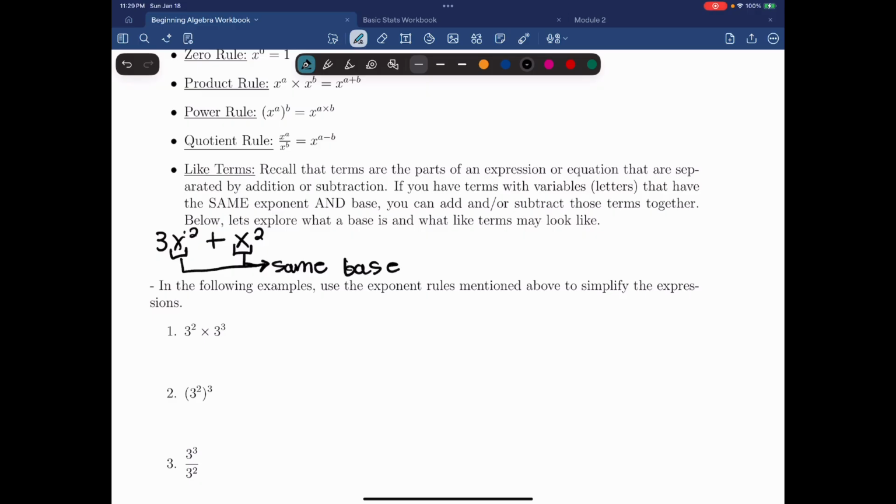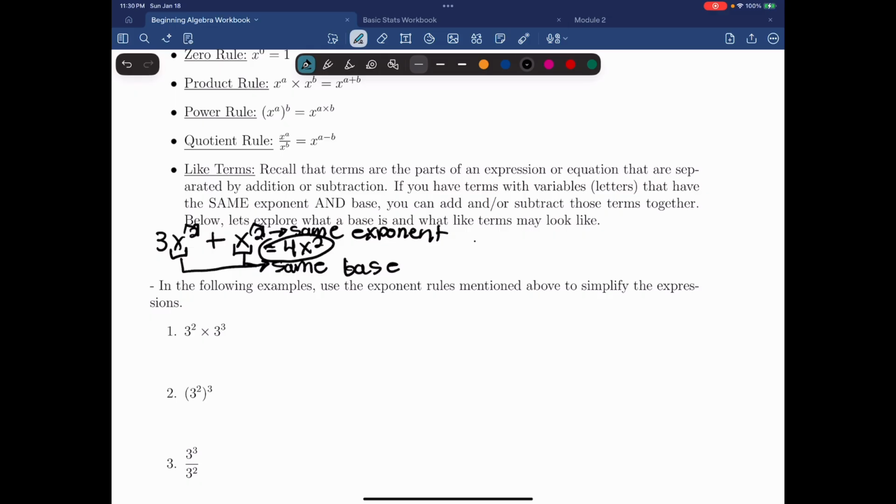And because both of these bases are squared, the same exponent, we can combine them together. Sorry, it's kind of a tight squeeze, but 3x squared plus x squared equals 4x squared, and that's it.